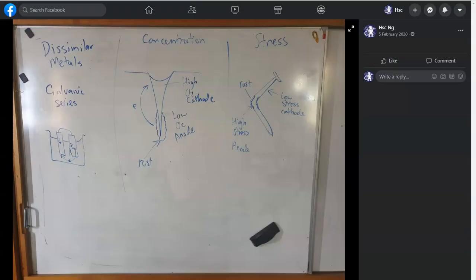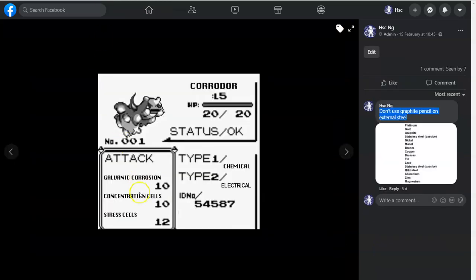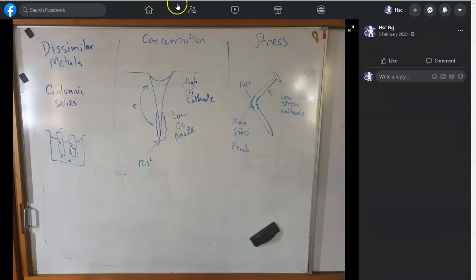Okay, so we're going to go to the other attacks that we can look at here. We have concentration cells and we have stress cells. So what do they look like? Well, a concentration cell is if you have a small scratch, say in your car paint, you'll have an area of high oxygen near the surface.